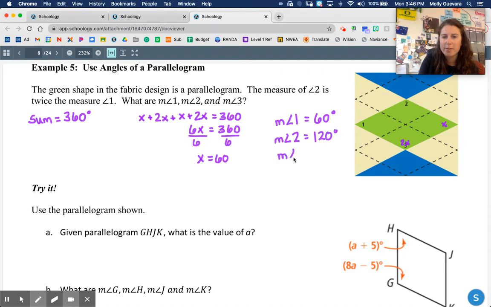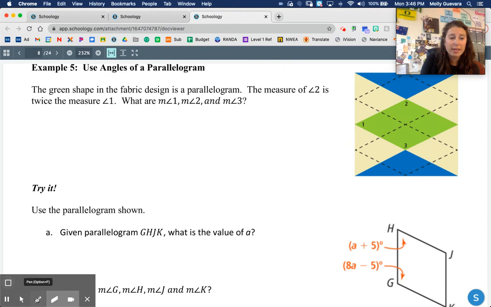And then the measure of angle 3 is opposite of 2, so that will also be 120. There is no angle 4, so I don't have to worry about this other one. But if I did, it would also be 60 degrees because it is opposite of 1. Hopefully that makes sense. We just have to read the problem really carefully and make sure that we know the properties of our parallelogram.